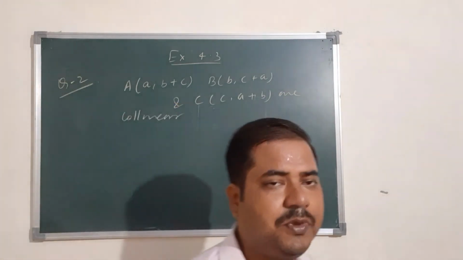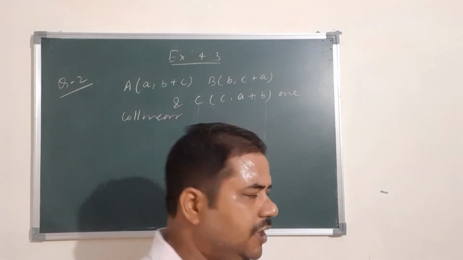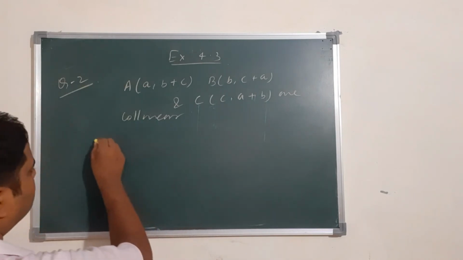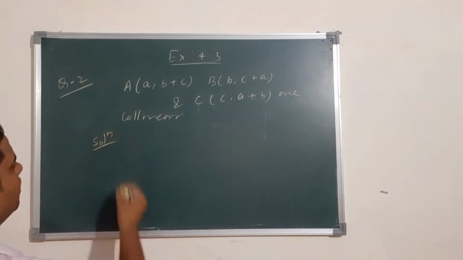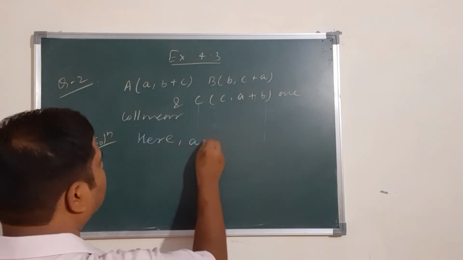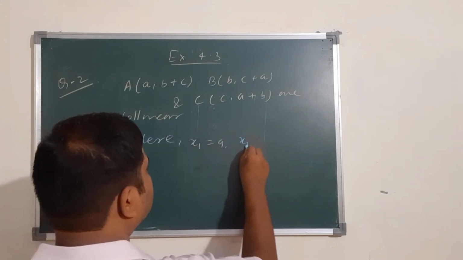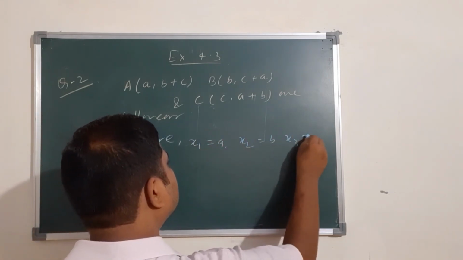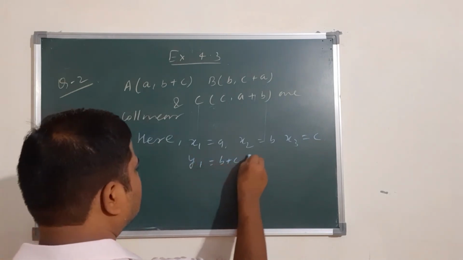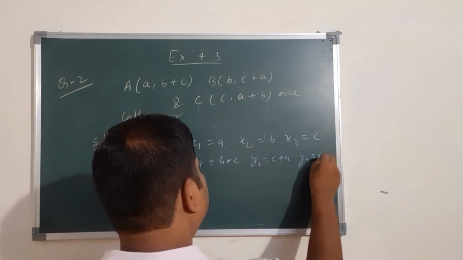These points are to be collinear. For collinearity of points, we need the area of the triangle to be 0. So solution: here x1 is a, x2 is b, x3 is c; y1 is b + c, y2 is c + a, and y3 is a + b.